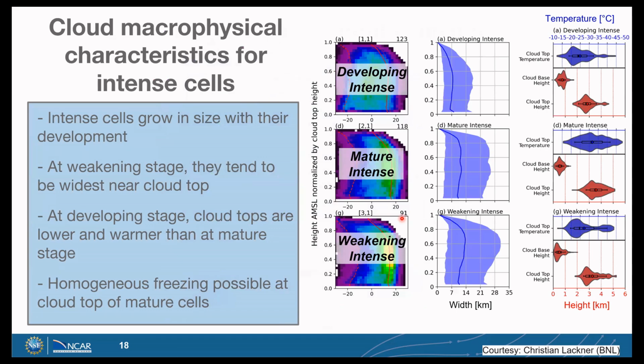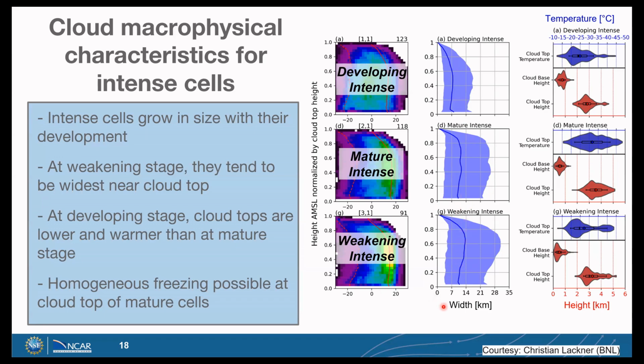If we look at the cloud macrophysical characteristics for these, again, just developing, mature, and weakening: intense cells grow in size with their development. Here I'm showing the cell width. This is the mean in the dark line, and the shading is the standard deviation. The developing cells are the smallest, as we might expect, and as they get larger and larger, they get wider.